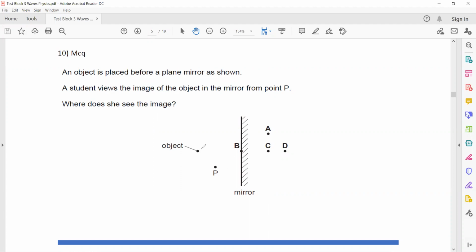If an object is placed here and a student views the image from position P, the perpendicular distance between the object and the image should be the same. If I measure the perpendicular distance from mirror to object, that should be the same as mirror to image, so D appears to be the right answer.